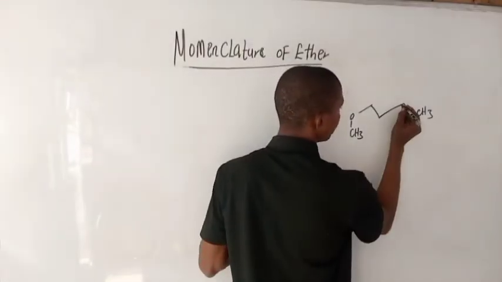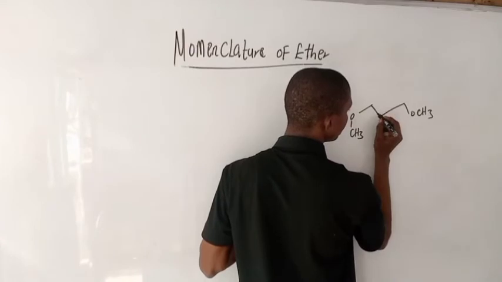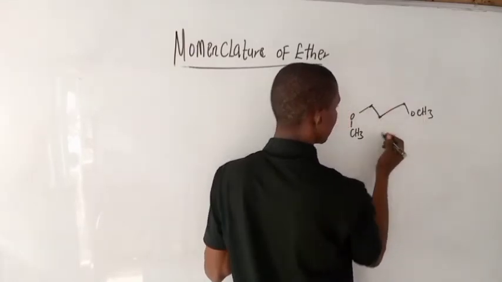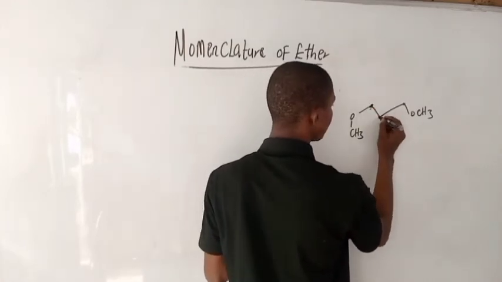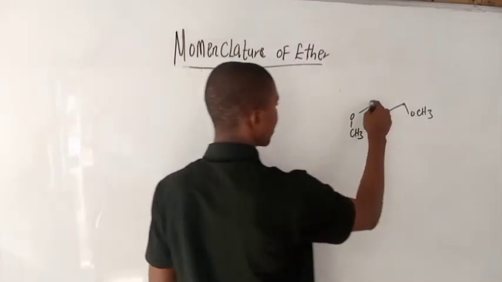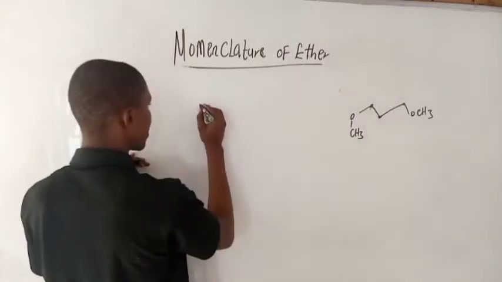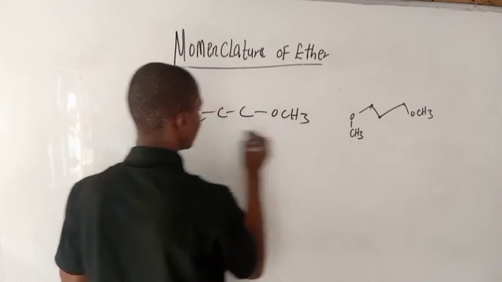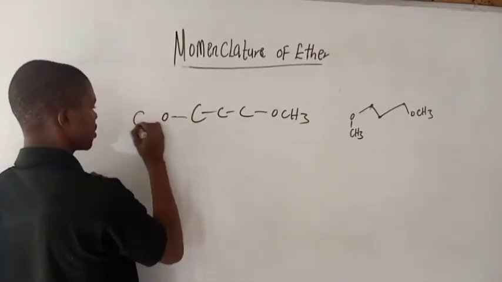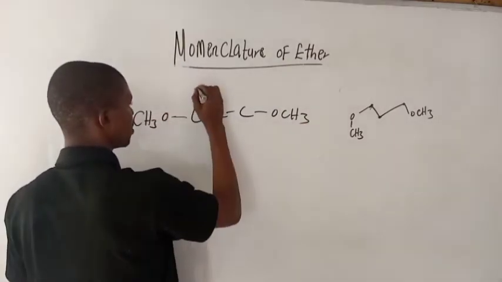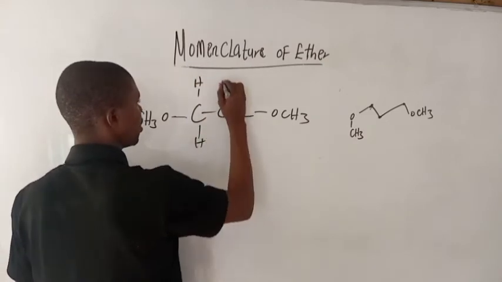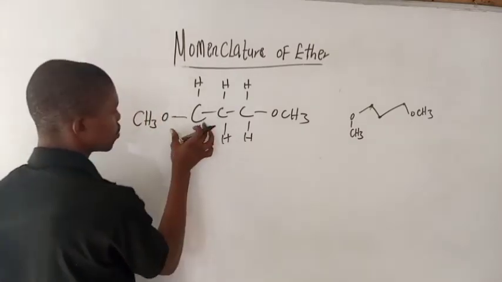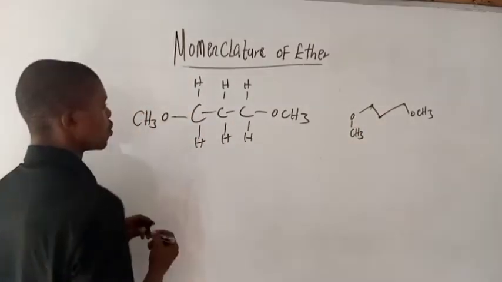Here we have 1, 2, 3. These are just 3 carbons here, attached to OCH3. Here we have H and H, H and H. So this one is also the same thing as this one here.